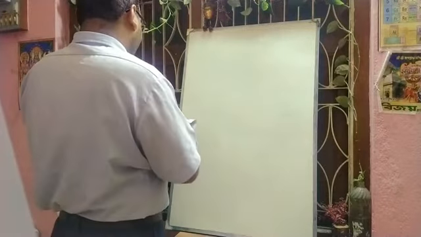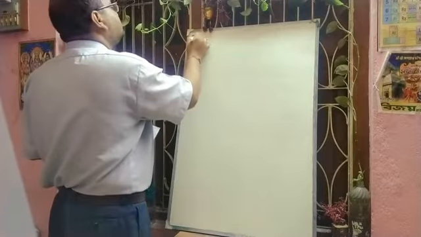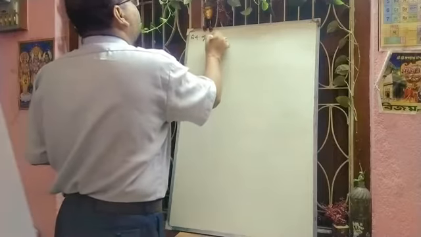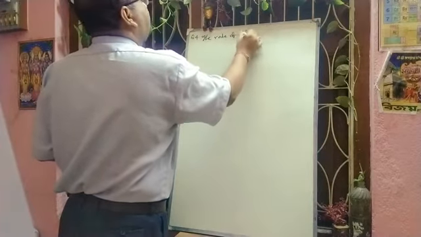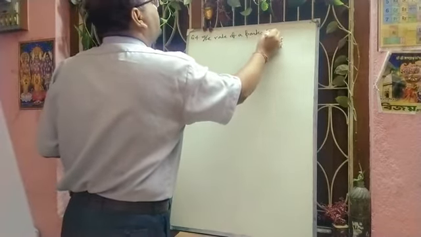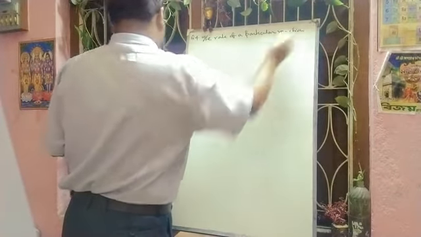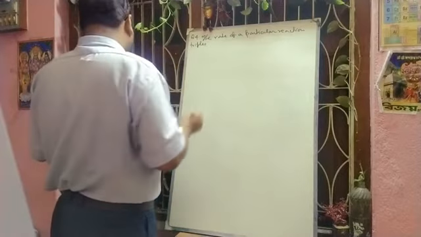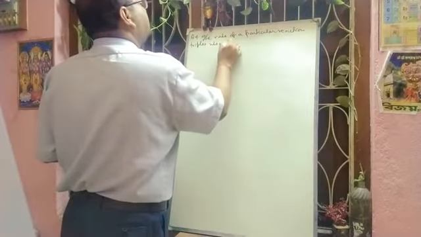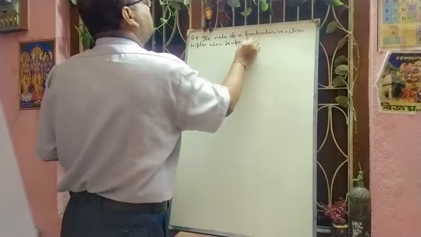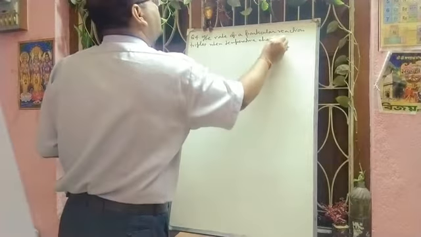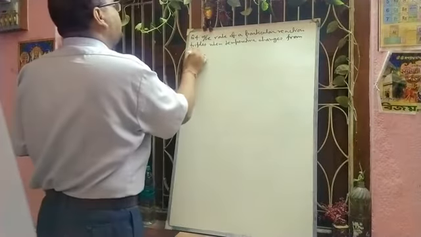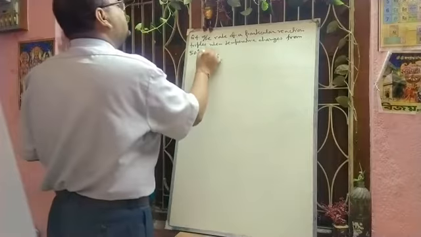Next, question number 4. The rate of a particular reaction triples when temperature changes from 50 degrees centigrade to 100 degrees centigrade.